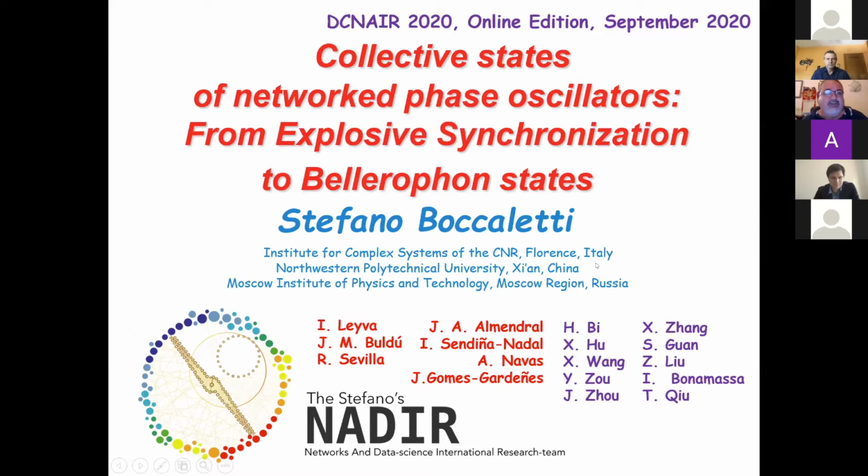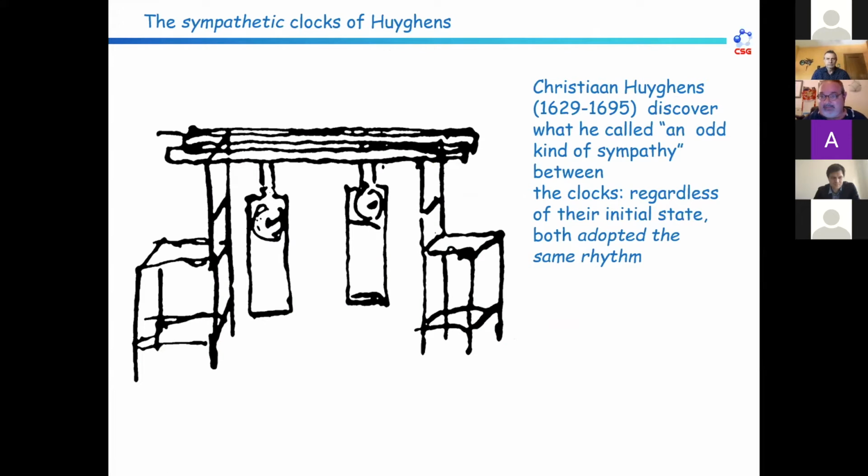So synchronization is a very old problem in physics. And actually, it was discussed by Christian Huygens in the 17th century, so you see. He discovered that two pendula hanging from the same clock give rise to a collective motion, which he called sympathy, not synchronization.